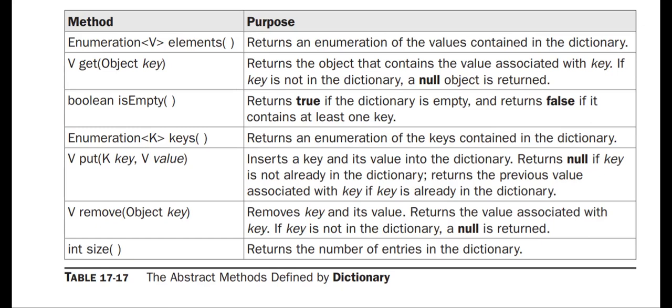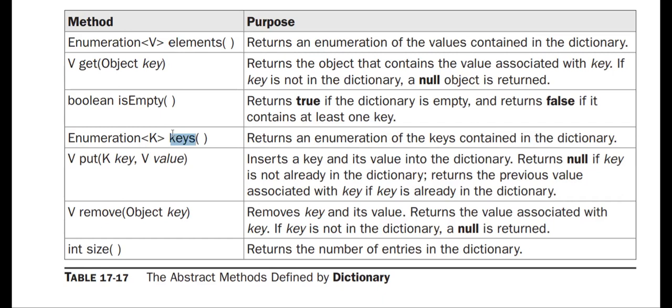Then isEmpty method will return true if dictionary is empty, else it will return false. Then if we want to obtain all the keys, then we can use the keys method, and it will return an enumeration of keys that are in the dictionary. So elements will return the values, whereas keys will return all the key values.